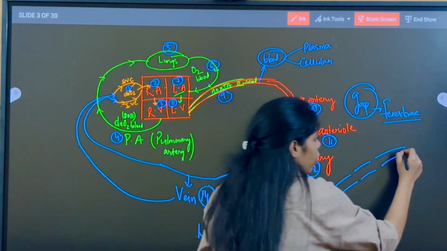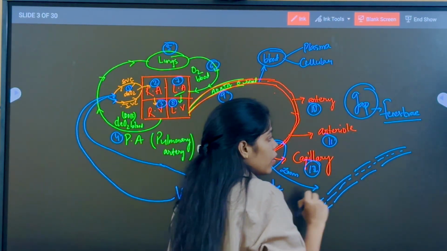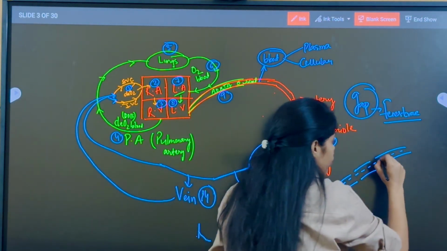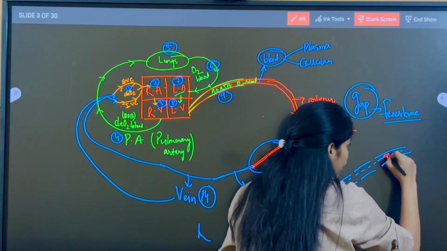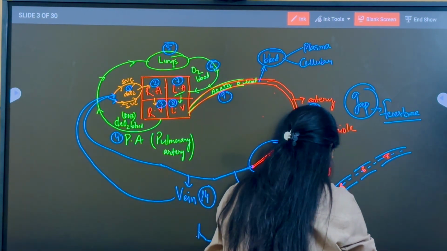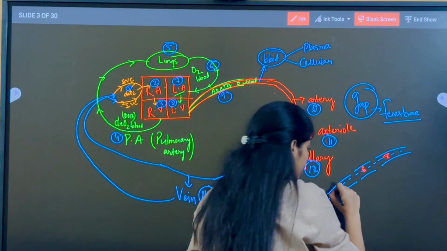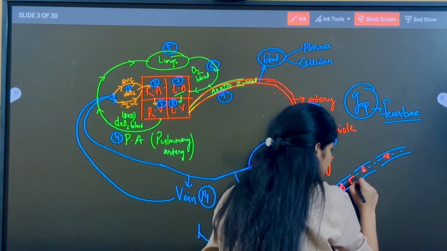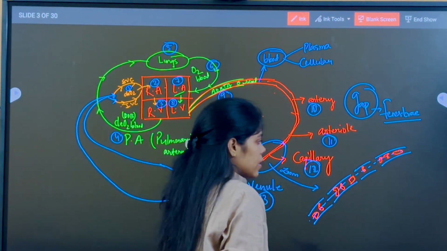All these things are flowing here, and we have small gaps. So RBCs are flowing, and we have some small irregular parts, that is our WBCs.